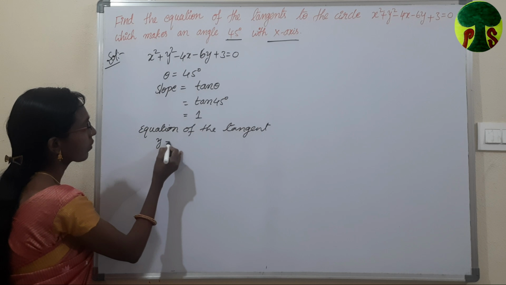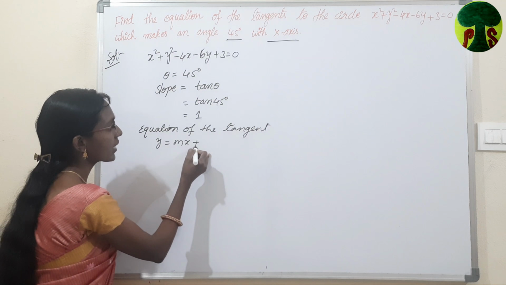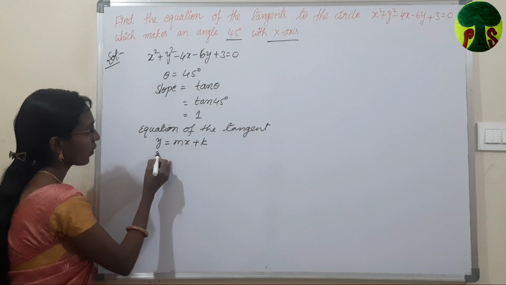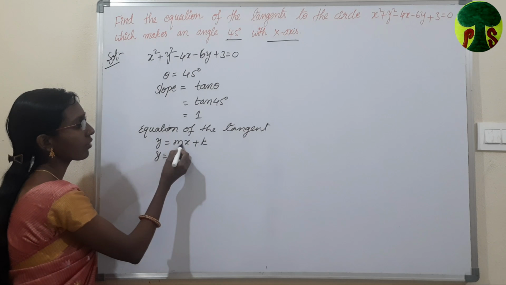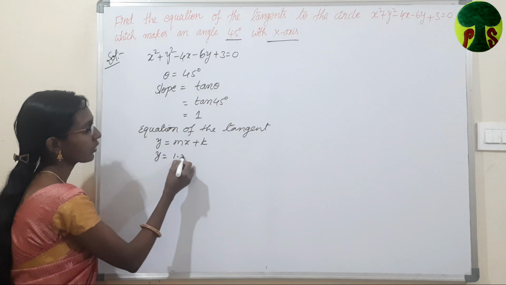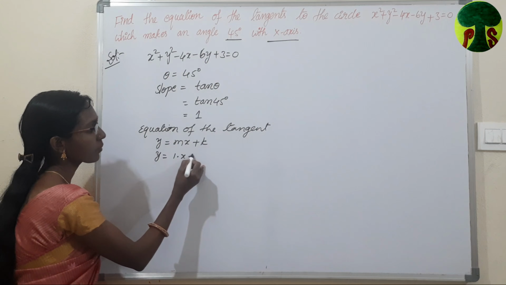So y is equal to mx plus k, I am taking. The value of m is 1, so y is equal to 1 into x plus k. So y is equal to x plus k, and x minus y plus k is equal to 0. This is the equation of the tangent to the circle which makes an angle 45 degrees with the x-axis.